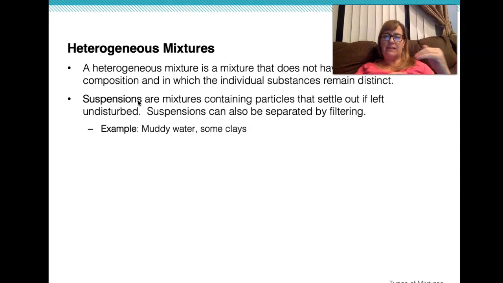That's because as you let it set, those big particles of herbs and spices will settle to the bottom, and the less dense oil will rise to the top. And so you want to shake it up to mix it all together. So this is an example of a suspension. Large particles. It is a heterogeneous mixture. You need to identify suspensions as heterogeneous mixtures.